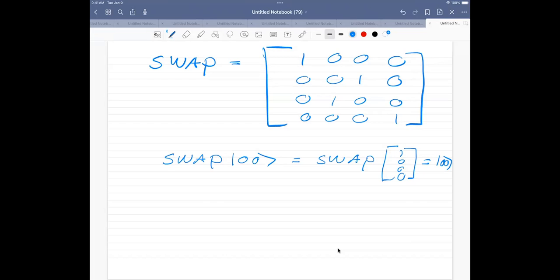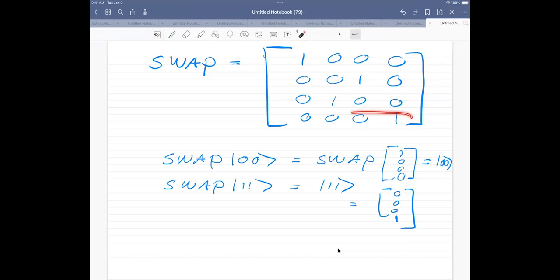If you then act on that one with the 1, 1 state, that gives us also the 1, 1 state back again. Because the 1, 1 state, just to remind you of that one, is the same as 0, 0, 0, 1. And the only element which acts on that one is this one, that one here.